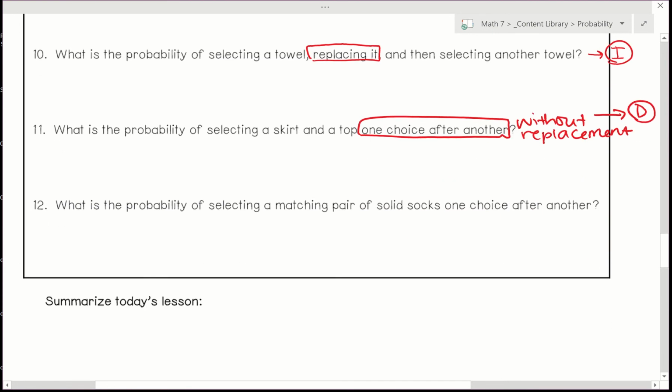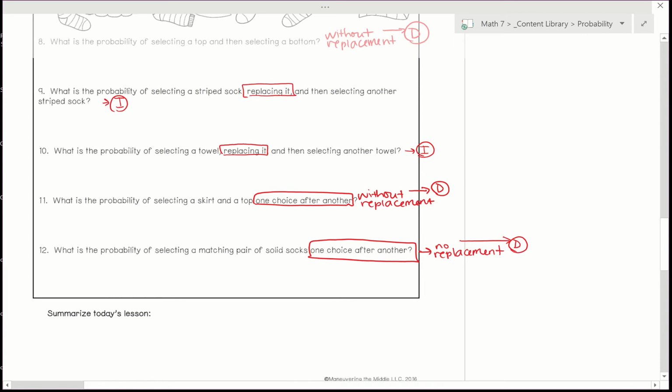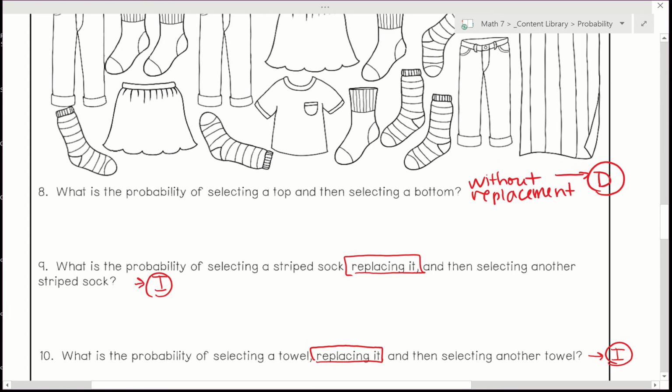And what is the probability of selecting a matching pair of solid socks, one choice after the other? Again, that is no replacement, meaning this is dependent. So let's try these now.